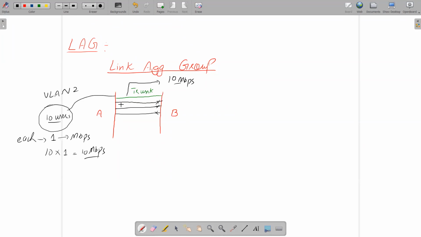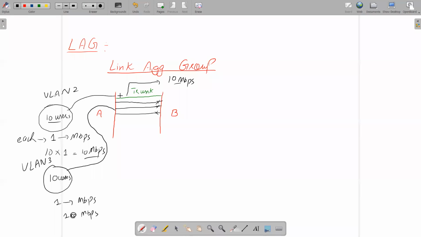Okay, fine. But what if I need to add another VLAN, for example, VLAN 3, and again in VLAN 3, I have 10 users, and to each user, I have assigned dedicated bandwidth, which is 1 megabit per second. That means again, the volume of the data of 10 users would be 10 megabit per second.